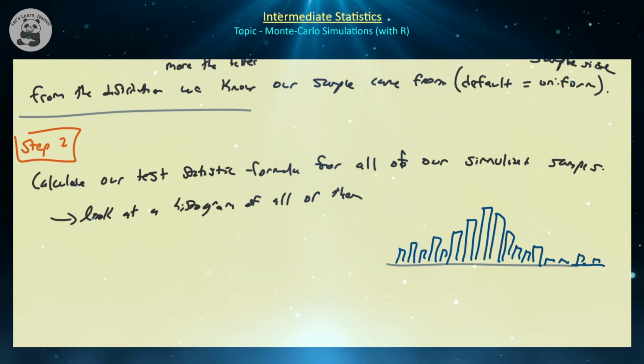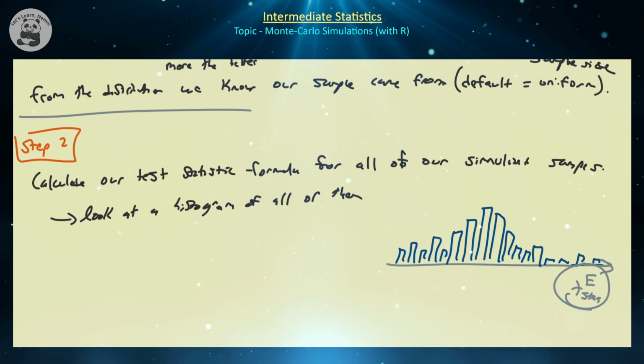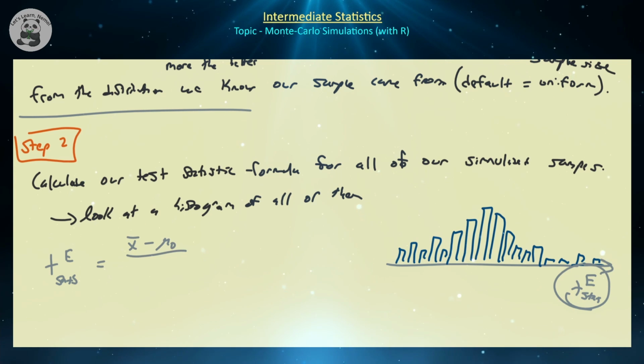right? So the horizontal axis in this particular picture is our empirical, which I'm going to abbreviate by E, test statistics. So this is the empirical test statistics for our samples, where our empirical test statistics are going to be equal to, at least for our example, x bar minus mu 0 all divided by s divided by the square root of n.